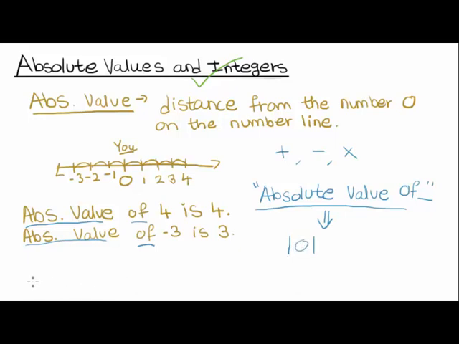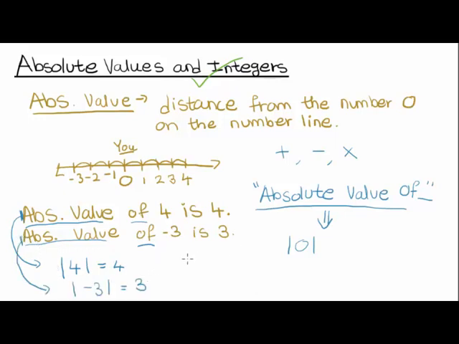So basically, if I want to say what is the absolute value of 4, I would write this sentence right here as this. Absolute value of 4 is equal to 4. Okay? I'll write this, absolute value of negative 3 is 3, as.